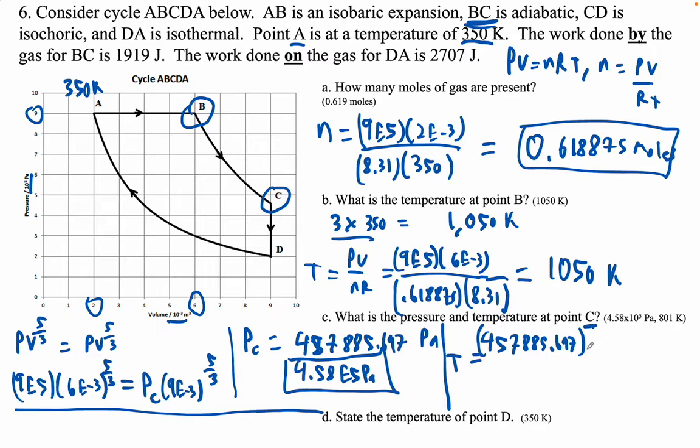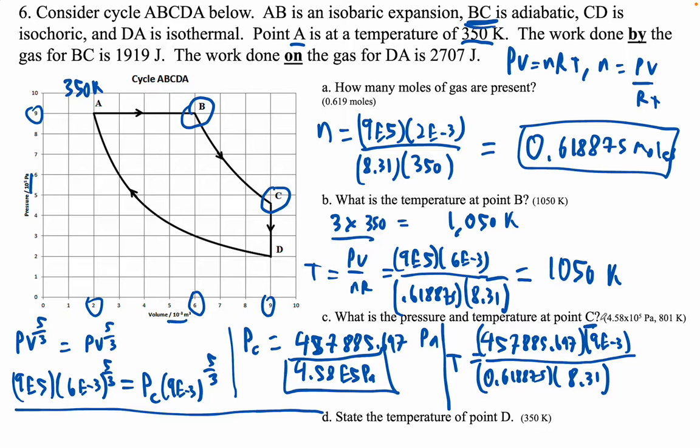times V. So what is V? V is 9 times 10 to the minus third, right? Divided by NR, so our n is 0.618875. I'm just going to use the number on my calculator. And then R is still 8.31.